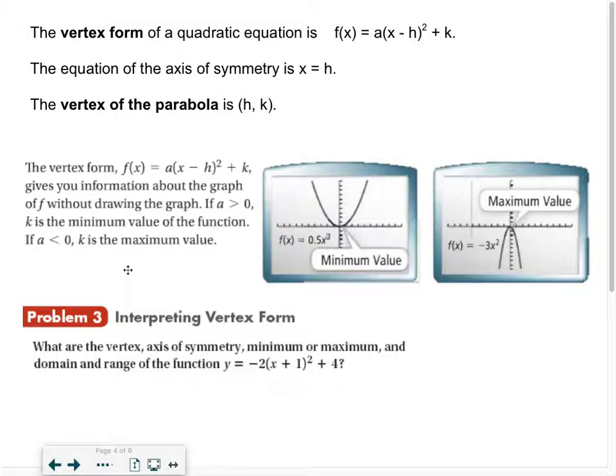So if A is bigger than 0, that's the thing out front, so if it's positive, we open upwards and we have a minimum. It doesn't go any lower than our vertex. If our A up front is negative, we open downwards and we have a maximum. Doesn't get any bigger than that point.